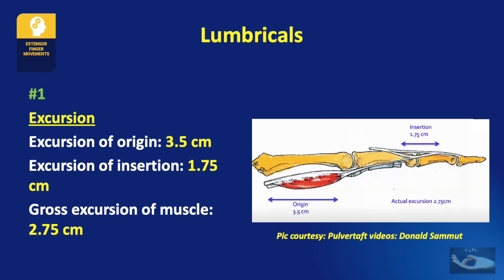Now the excursion of the lumbrical is also unique because both the origin and the insertion are mobile. The excursion of the origin is about 3.5 centimeters and the excursion of the insertion is about 1.75 centimeters. The gross excursion of this muscle is around 2.75 centimeters.